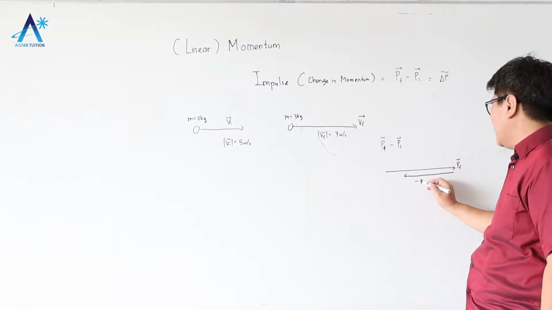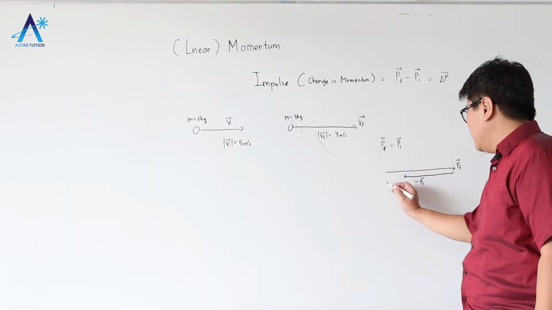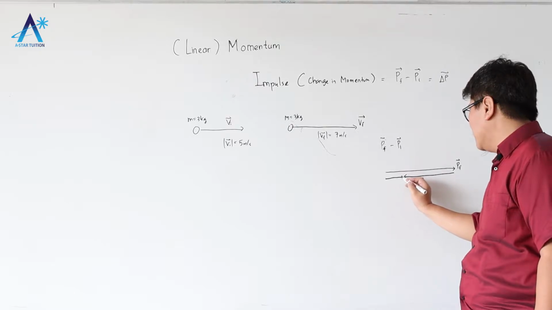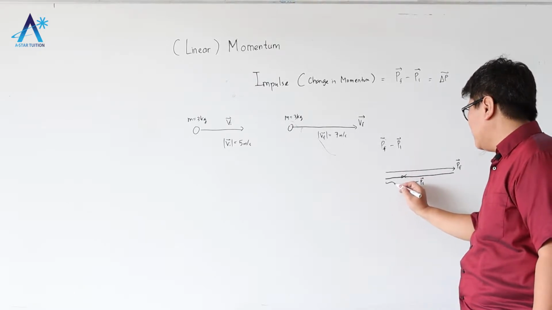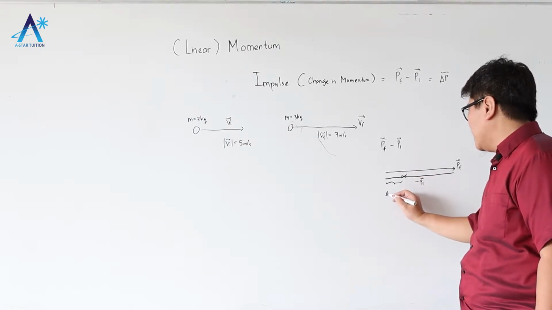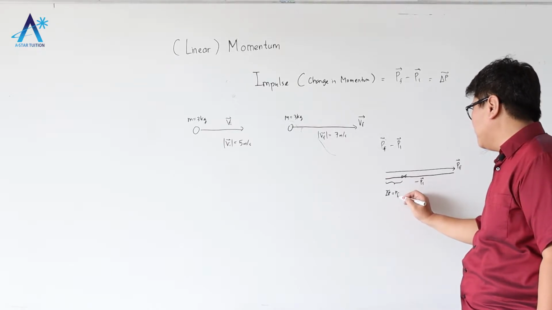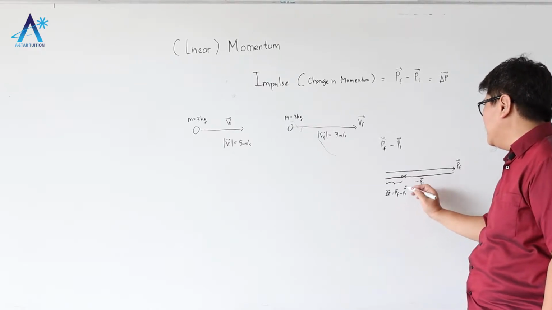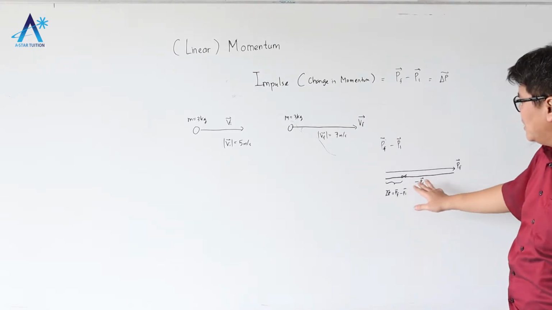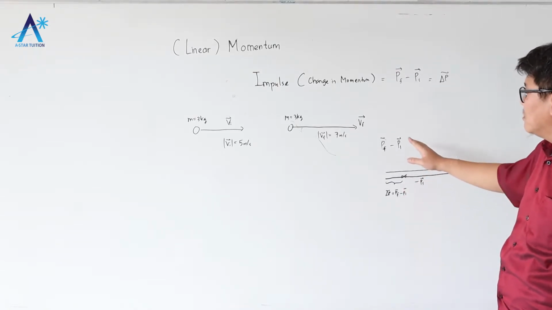So the result is this vector here, delta p, pf minus pi.